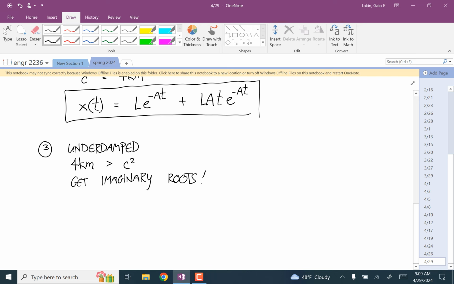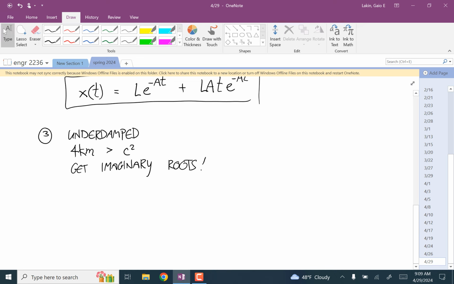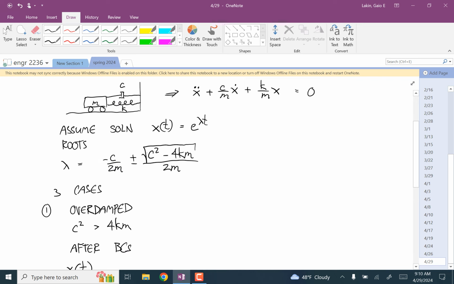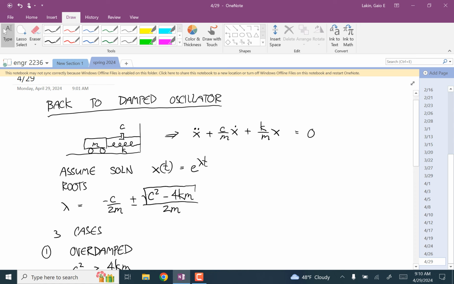I'm going to define A as negative C over 2m. That's how I've been defining A this whole time. So that's that first term in the solution for lambda.